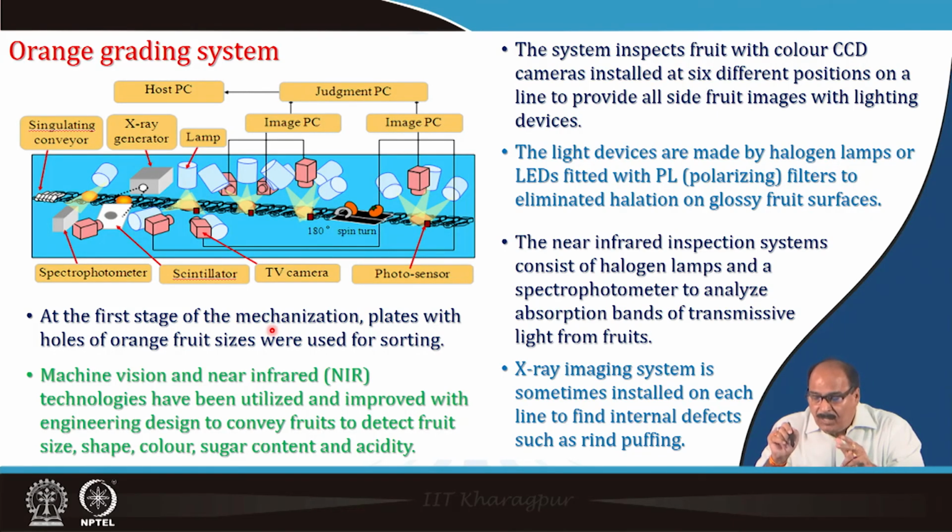The near infrared inspection system consists of halogen lamps and a spectrophotometer to analyze absorption bands of transmissive light from fruits. X-ray imaging system is sometimes installed on each line to find internal defects such as rind popping etc. So, these are the systems which can be used.